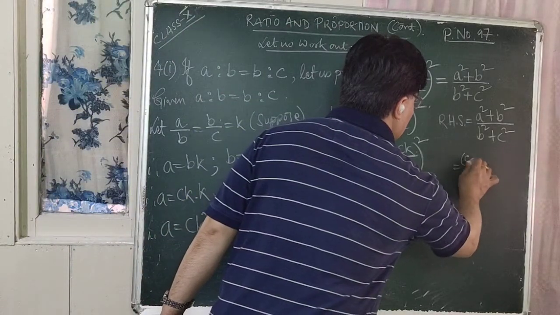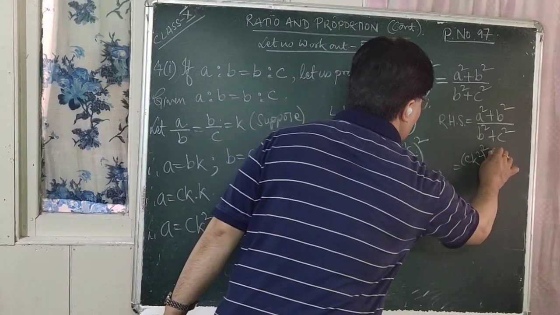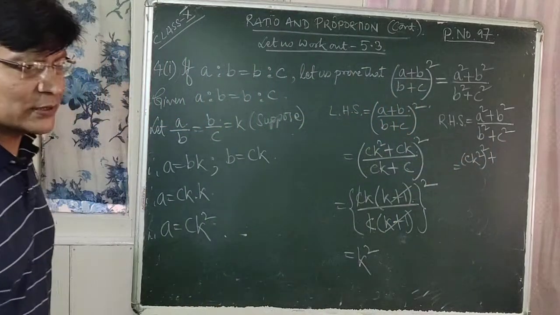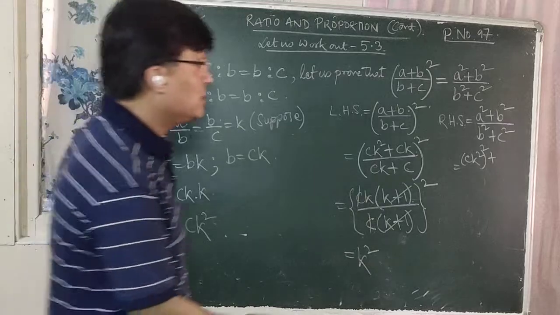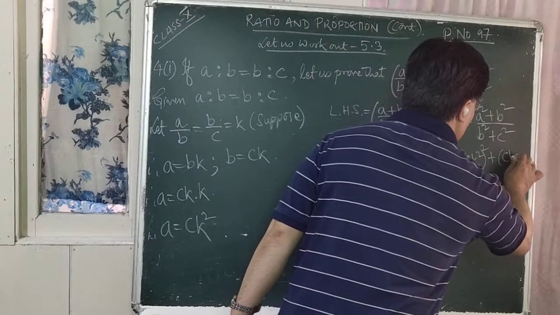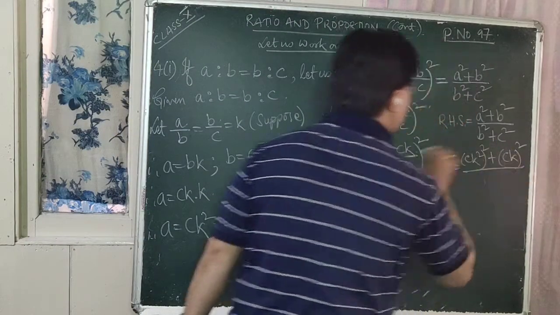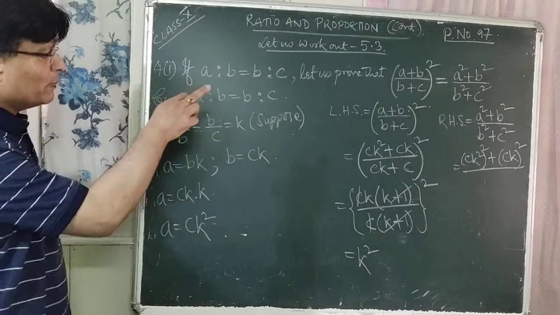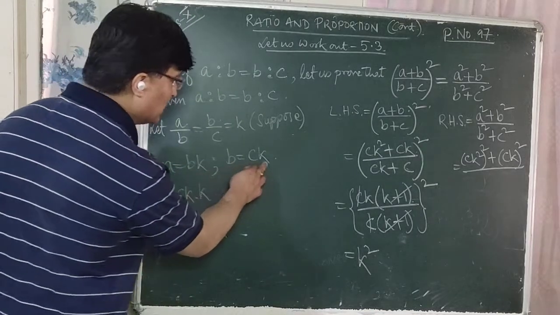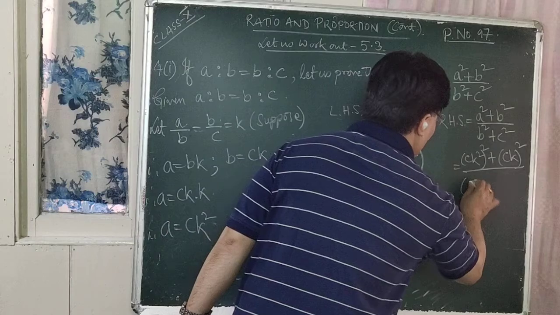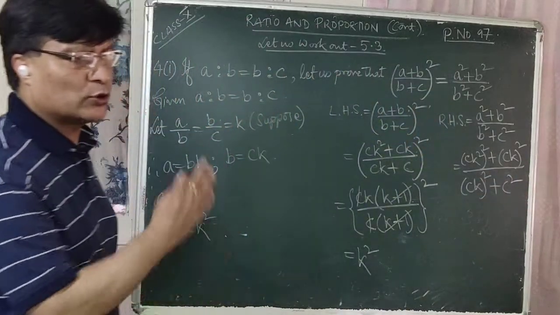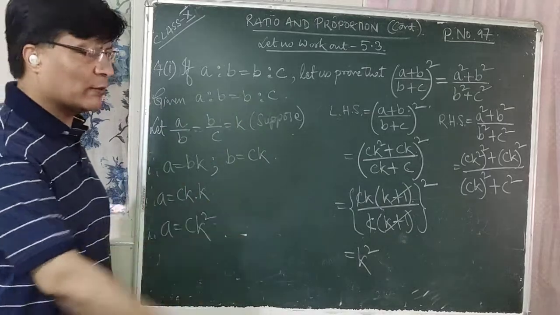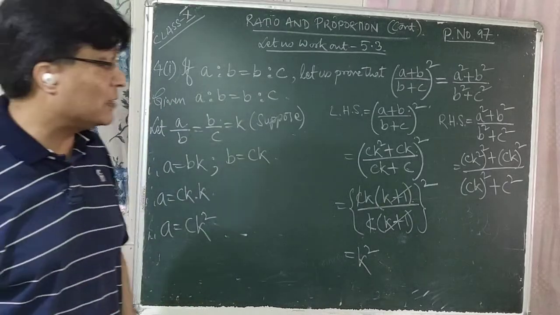So it is (CK square) whole square, plus, again what is b here? CK. What is b square? (CK) whole square, divided by, what is b square here? What is the value for b? CK. So it is (CK) whole square plus c square, because we don't know the value for c here, so you have to keep it as it is. It remains the same, that is c square.